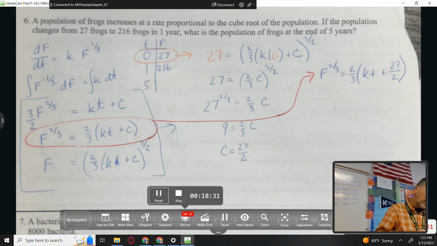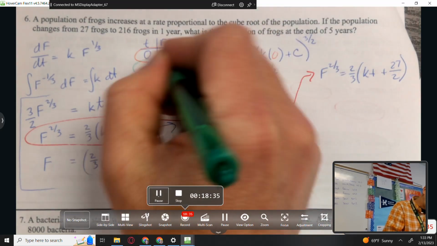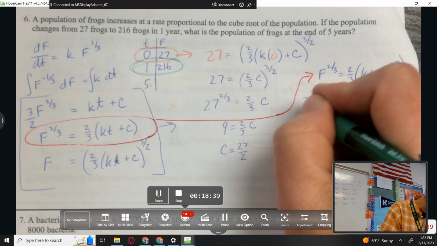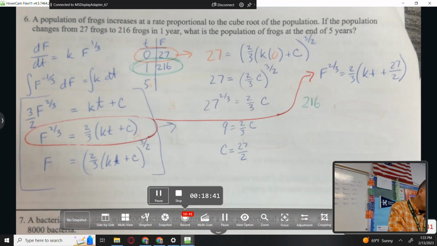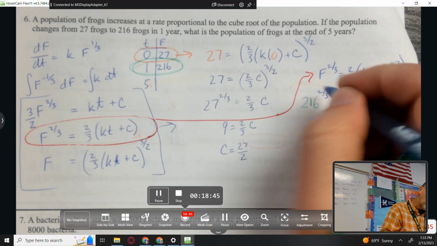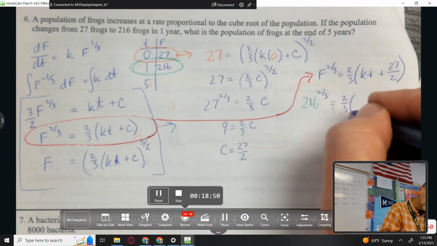All right, so we know what C is, let's now use the other condition, the other point. 216 to the 2/3. It'd sure be nice if 216 was a perfect cube. I think it is.